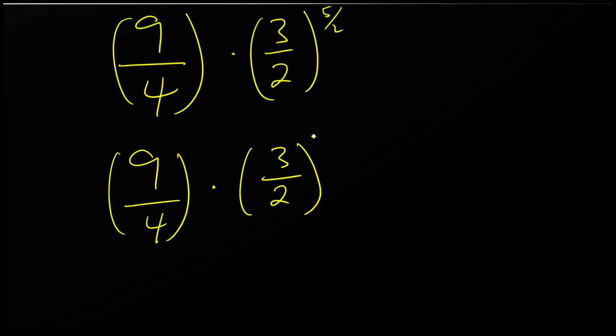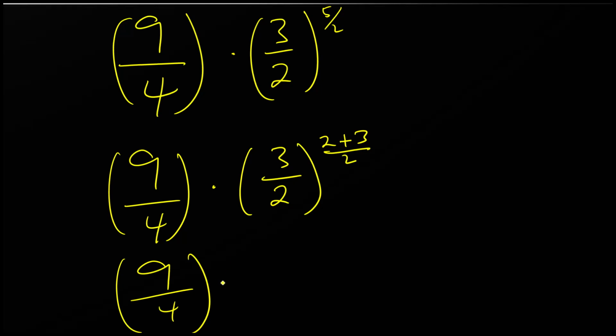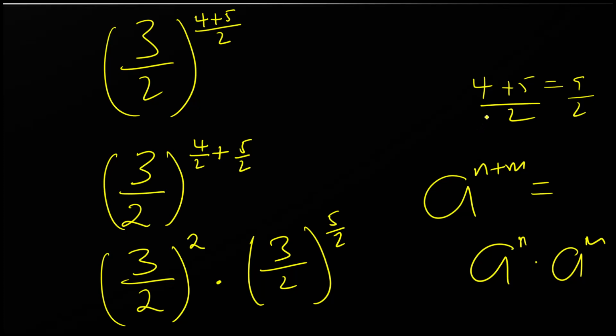5 is the same as 2 plus 3, over 2. So 9/4 times (3/2), so we can write this one in the form of this.